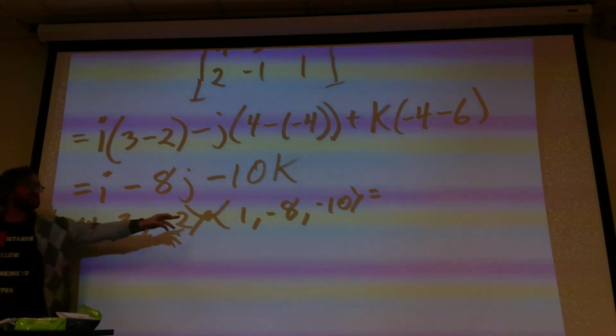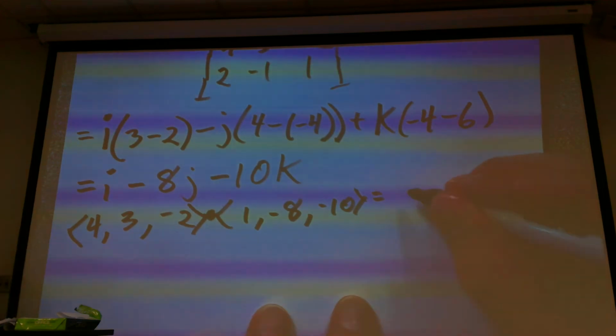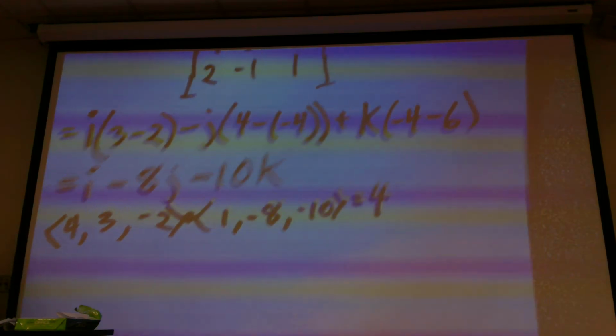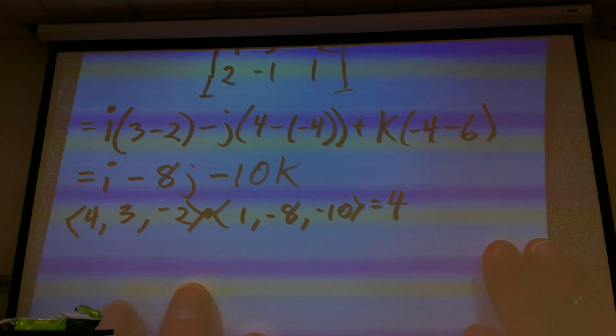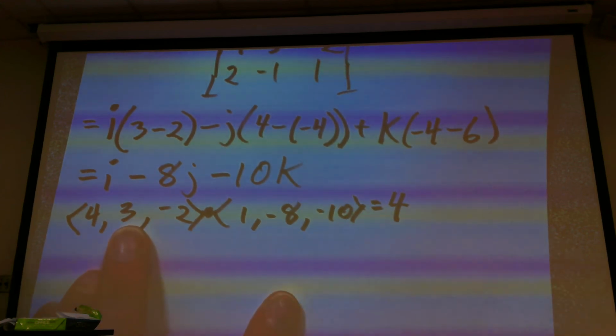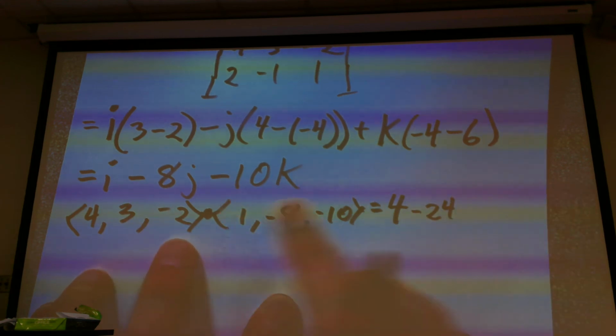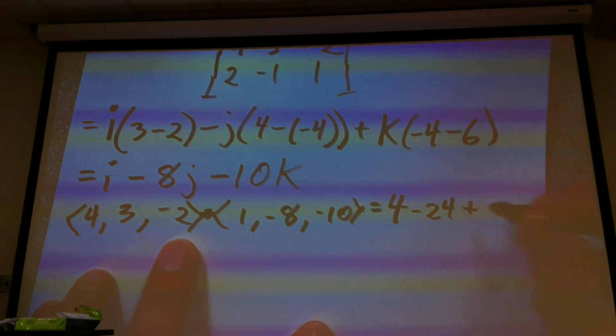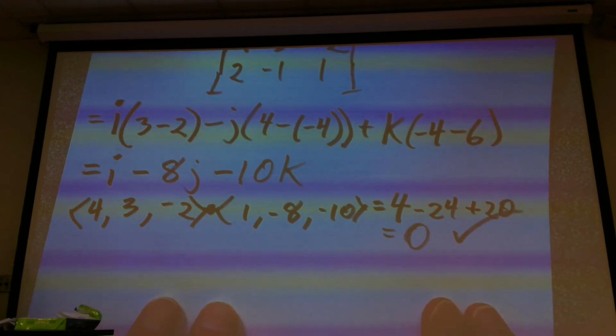So the first one is going to be 4 times 1, that's 4. And then the next term is going to be 3 times -8, so that's going to be -24. And then -2 times -10, that's going to turn into a positive 20. And yeah, that comes out to 0, so we got a big old check mark for that one.